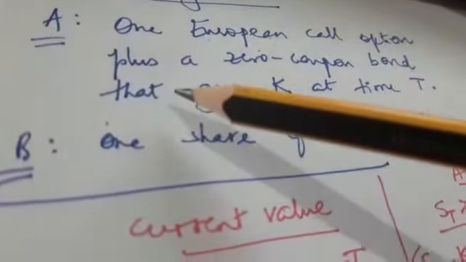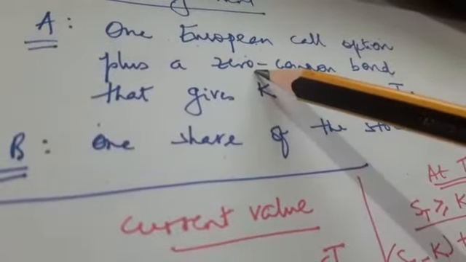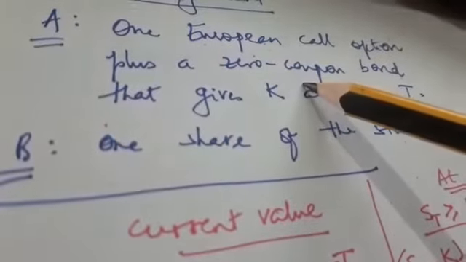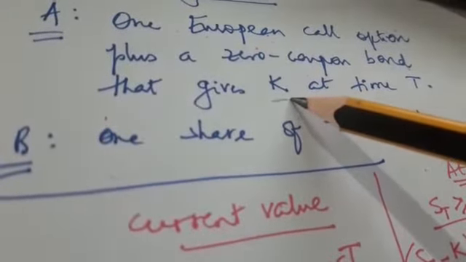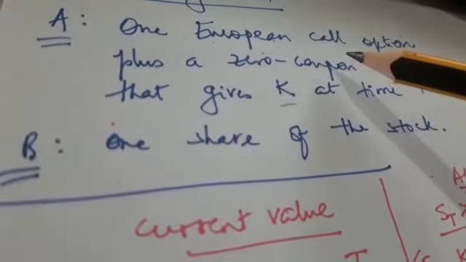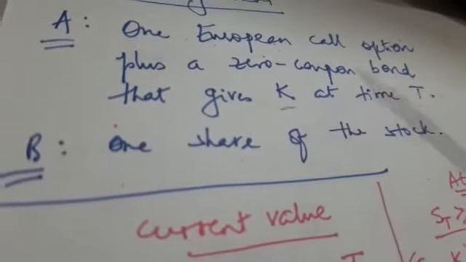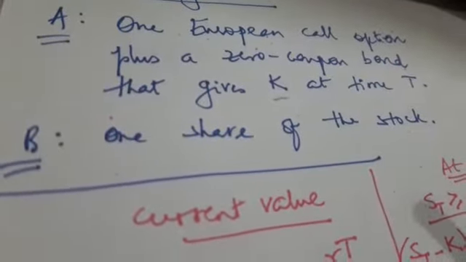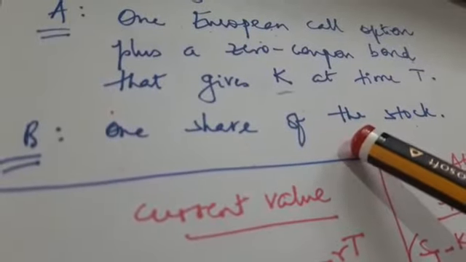Portfolio A is one European call option plus a zero coupon bond that gives you an amount K at time capital T. Portfolio B consists of one share of the stock.